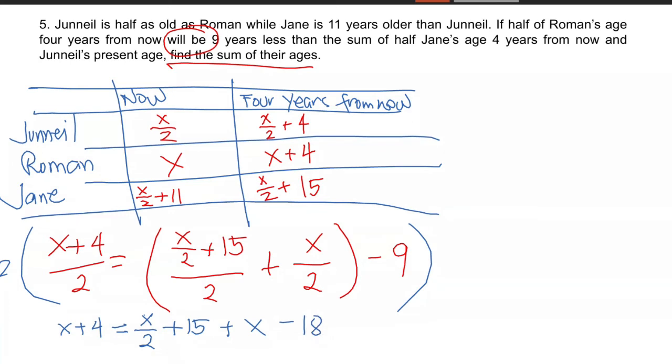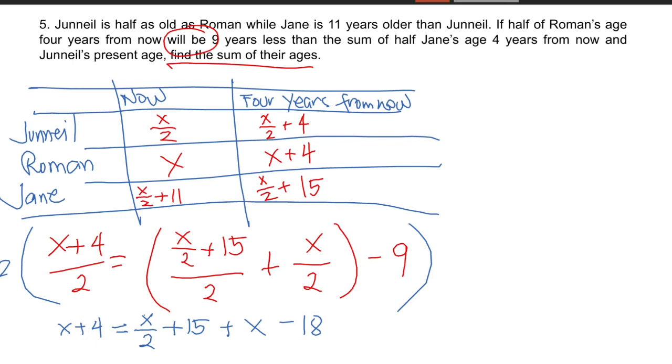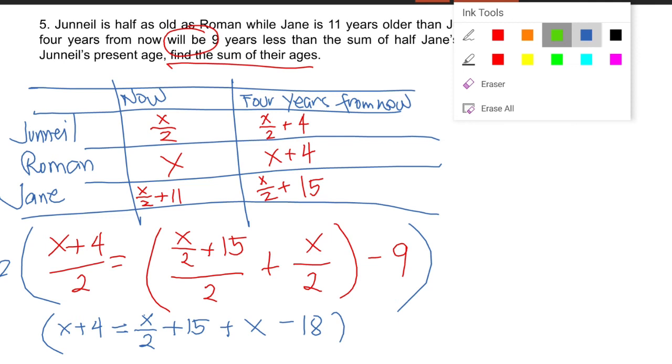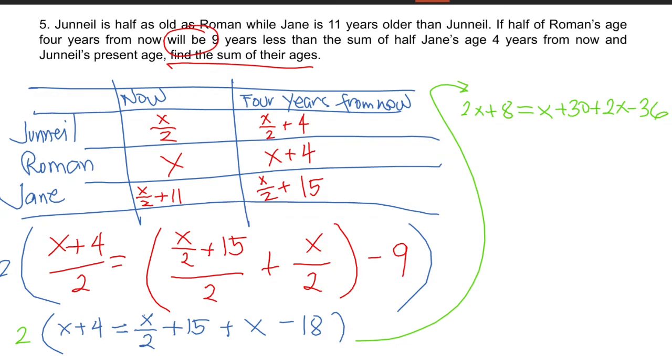Now we still have another 2, so we can multiply the entire equation again by 2. Finally, we will get 2x plus 8 equals x plus 30 plus 2x minus 36.